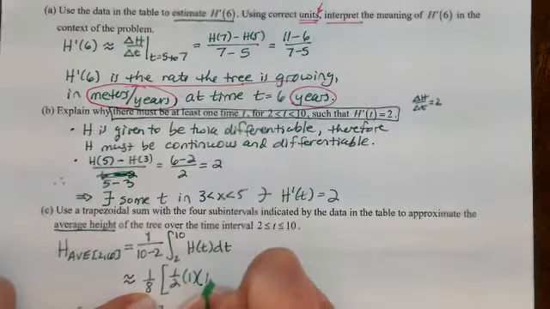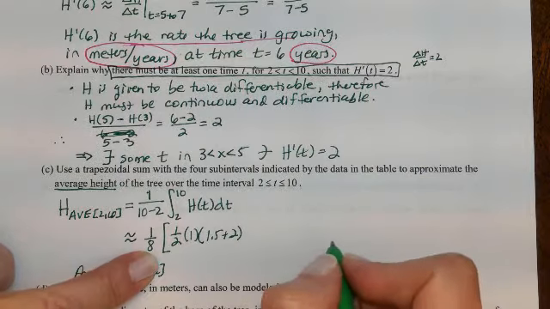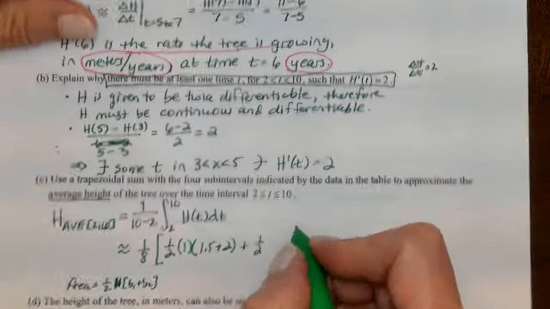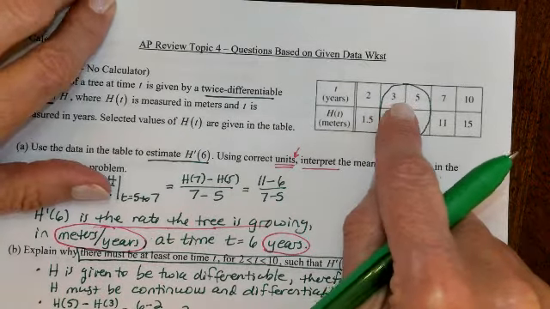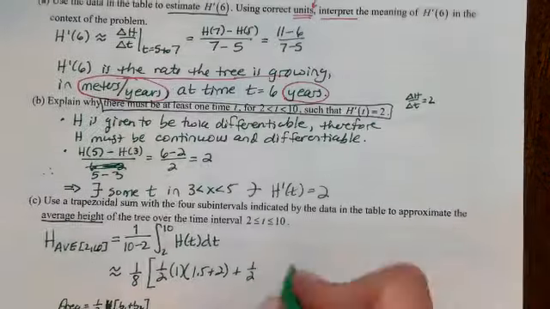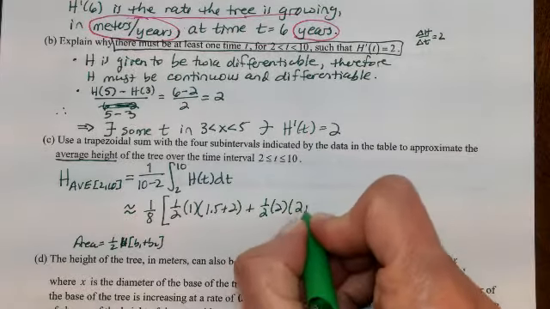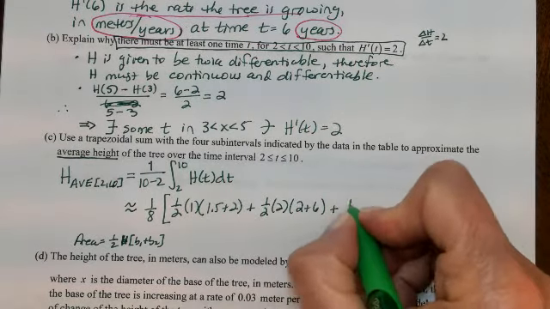So 1.5 plus 2. That takes care of the first trapezoid. The next trapezoid, 1/2. Now I go to the next piece, the 3 to 5. Well, that base is going to be 2. And then I'm adding 2 plus 6. That takes care of the second trapezoid.